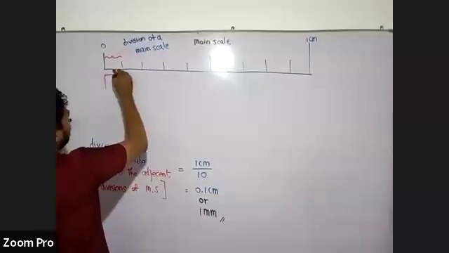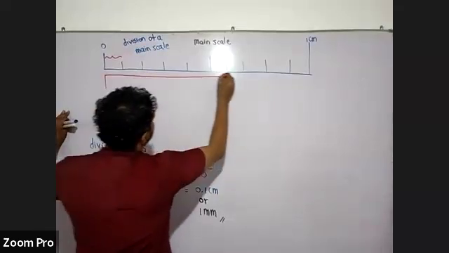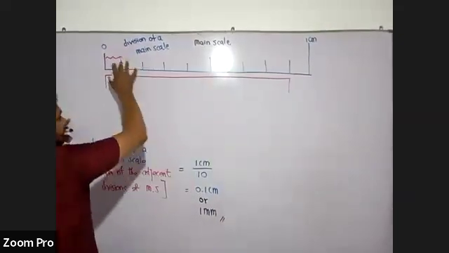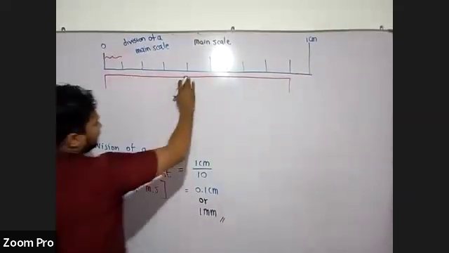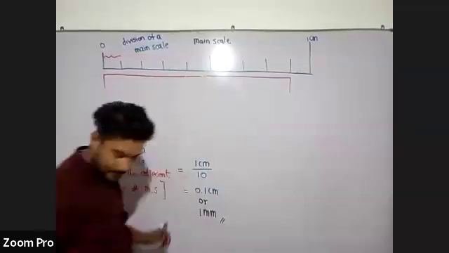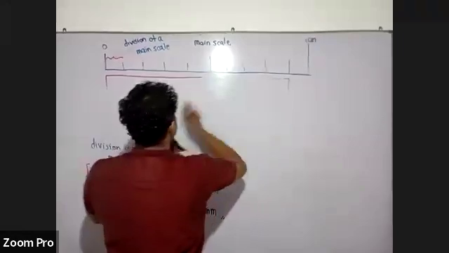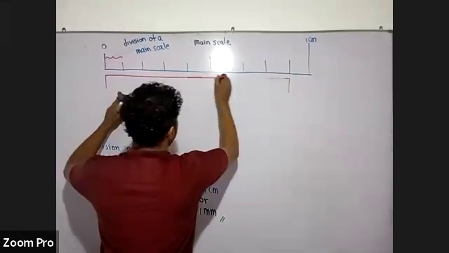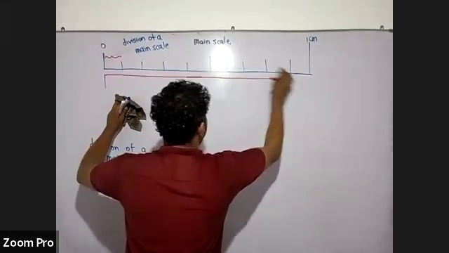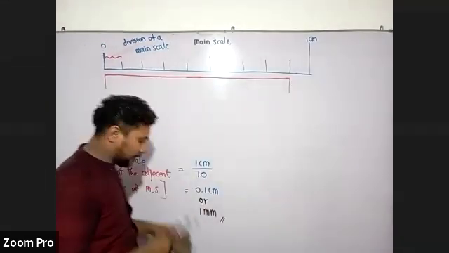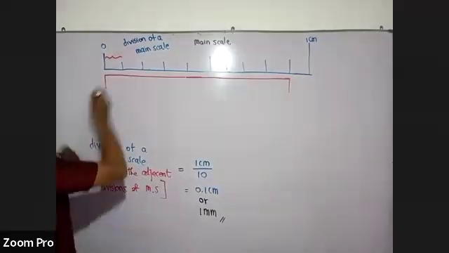He selected 9 millimeters of the main scale, and this 9 millimeter distance he further divided into 10 divisions.